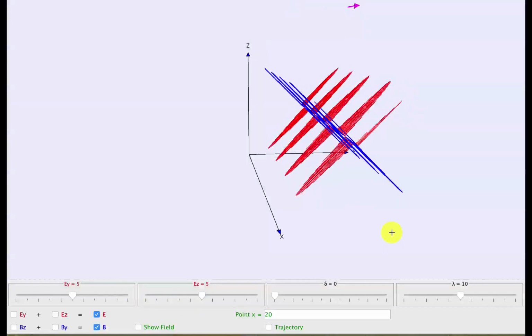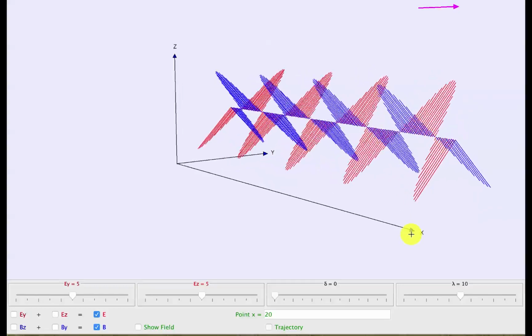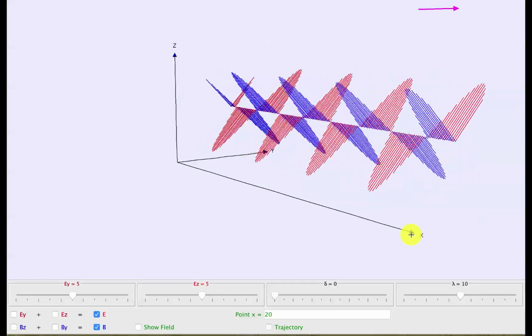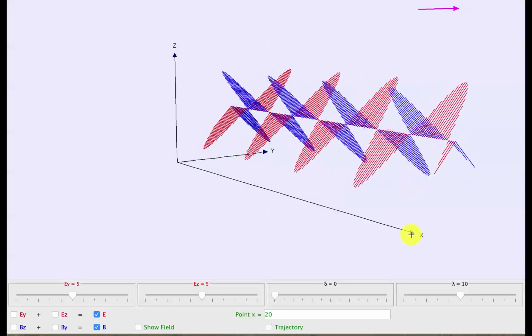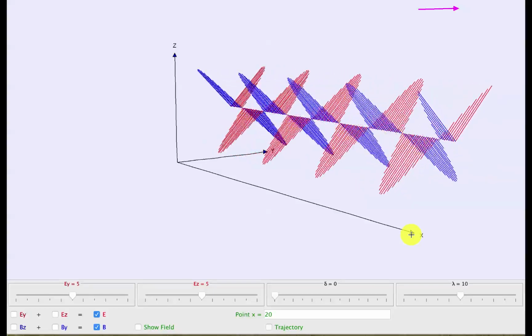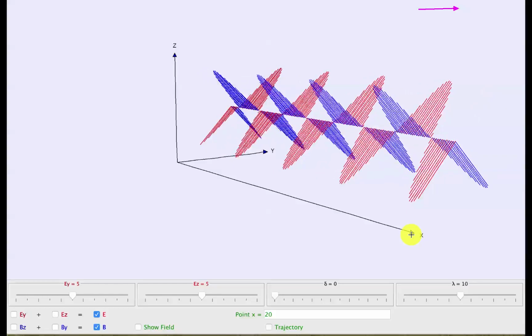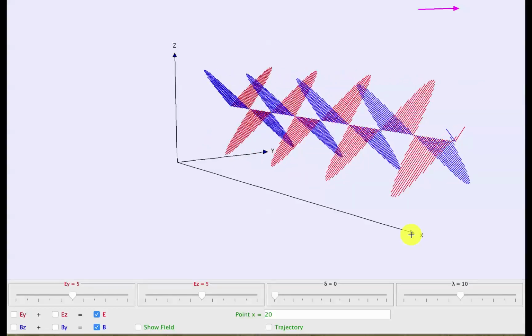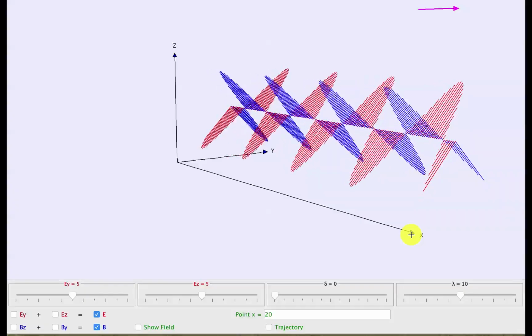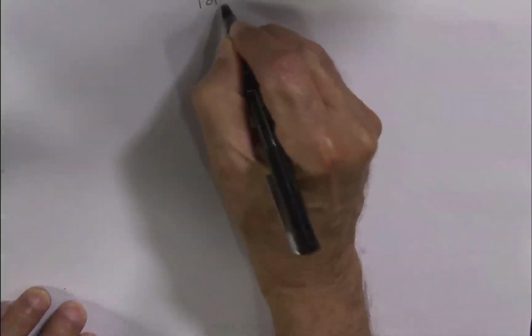So here is the wave. Let me give another perspective here. So here is the wave, which is polarized at 45 degrees. The magnetic field, which is blue, and the electric field, which is red, are still perpendicular to each other. Let's now discuss polarization in a little more detail.